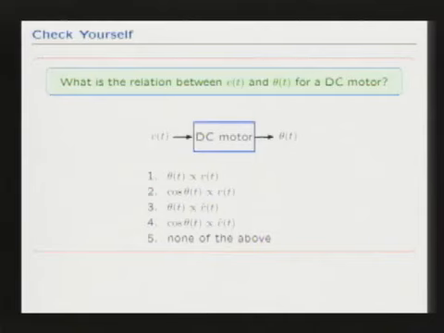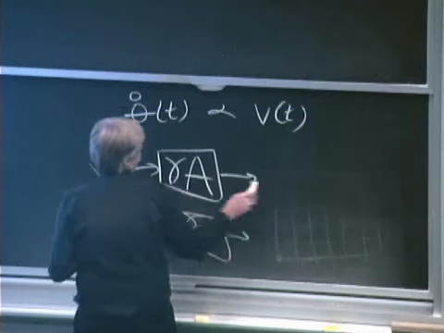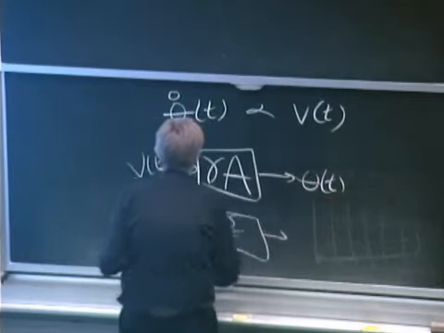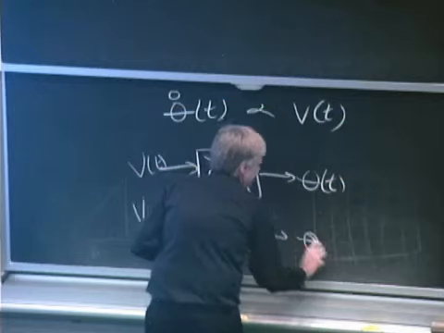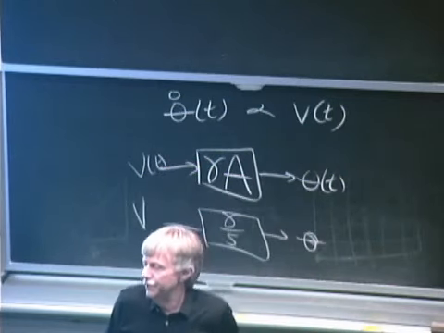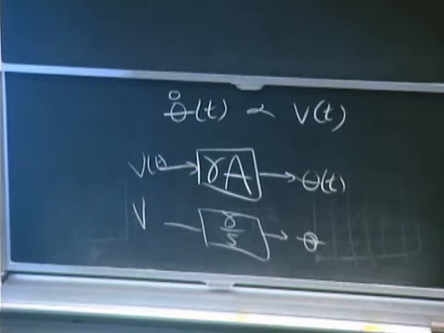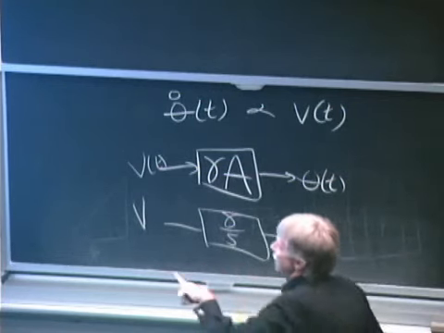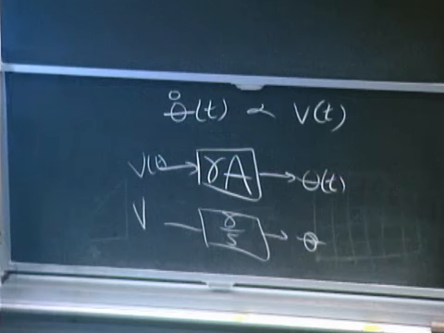A different way of saying that would be, write it in terms of Laplace transforms, I would get gamma over S. So if I put V in and I want to get theta out, I need to put it through an integrator. If I put a constant voltage in, say the voltage is 0, theta was flat.